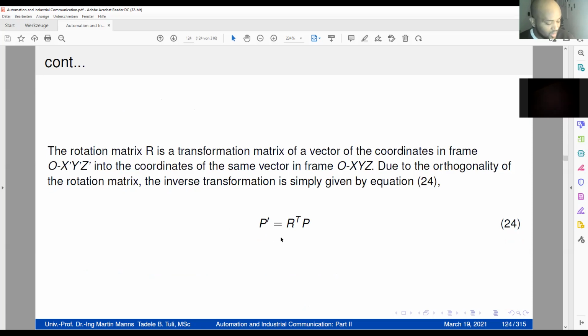Now, the other good point is to talk about the properties of these rotation matrices. This is also a very important point. These rotation matrices have a really unique property: the inverse of a rotation matrix and the transpose of the rotation matrix are the same.